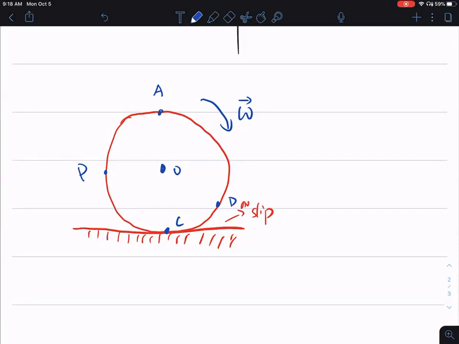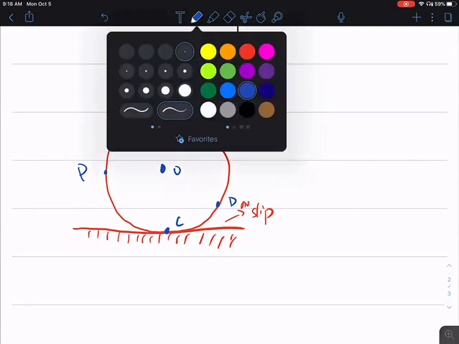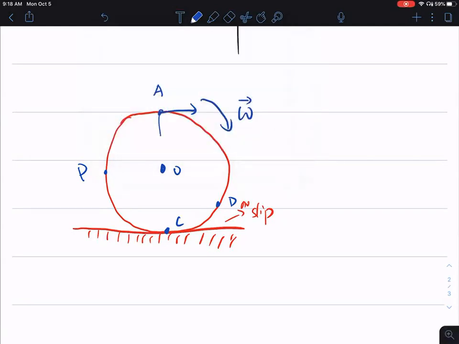I want you to sketch that, the direction of velocity at point A. Okay, then use your finger, tell me where is that direction. Okay, good. So the direction of point A is pointing straight to the right. Why is that? Because you can just connect instant center with that point and draw a perpendicular line. That line tells you what's the direction of velocity.